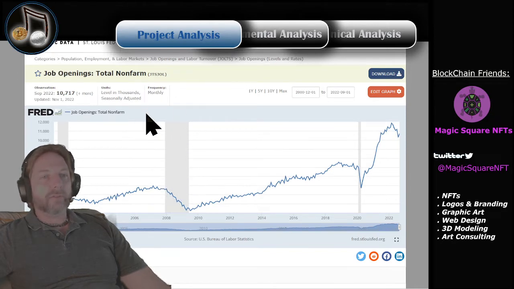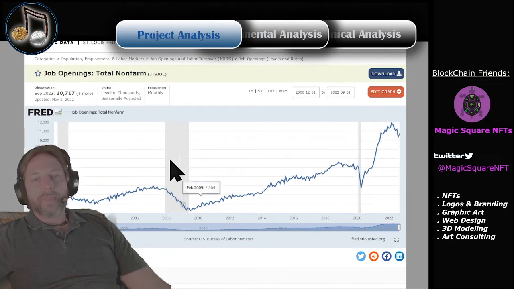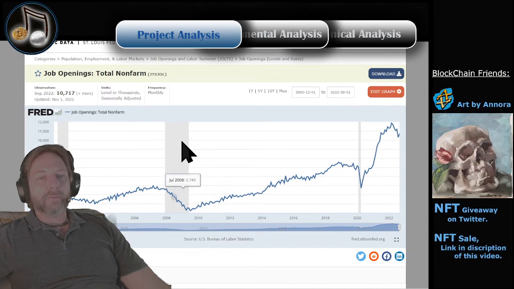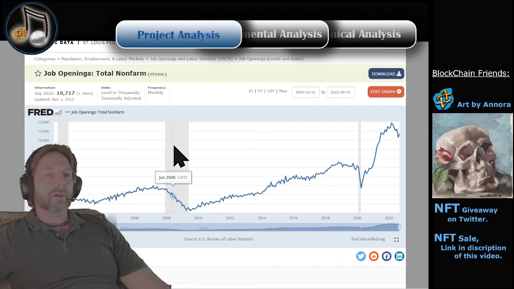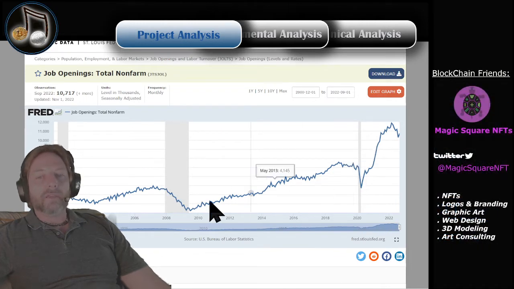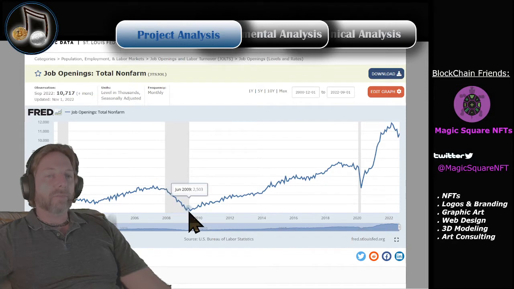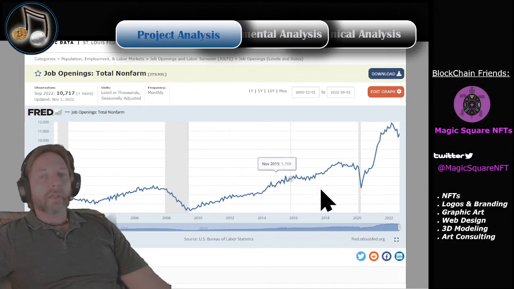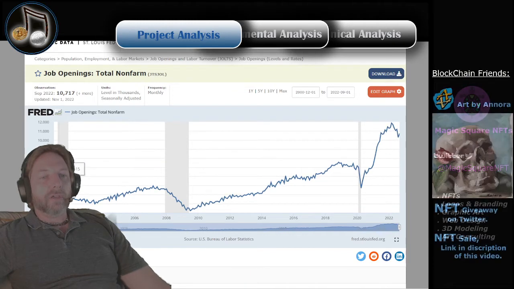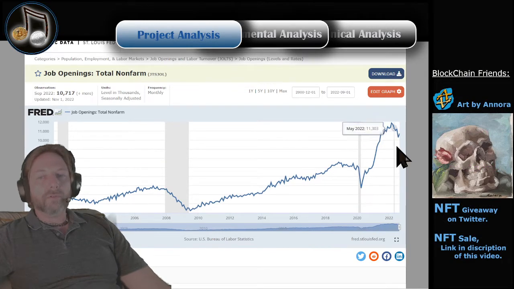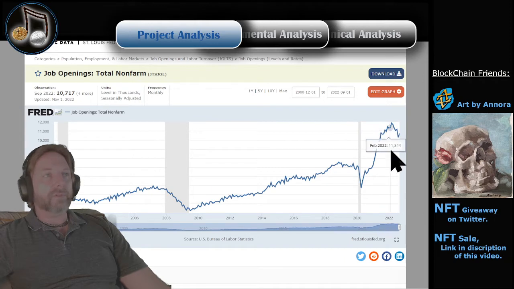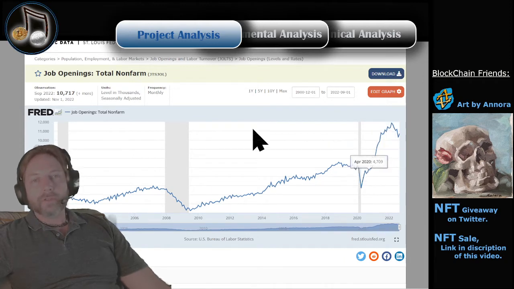This is on the Fed website as well; we can evaluate the same data there. These gray areas right here are recessions, and during recessions you'll see that the job numbers come down, and we've already started seeing a decrease in those job numbers, although we are still quite high on the spectrum of job openings.